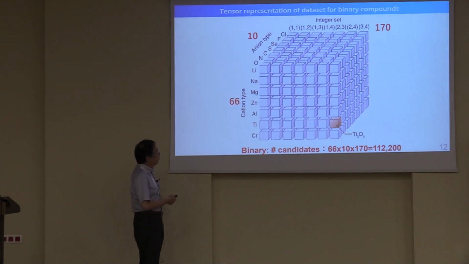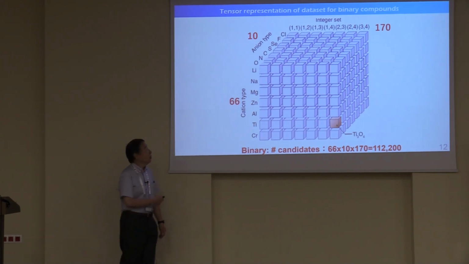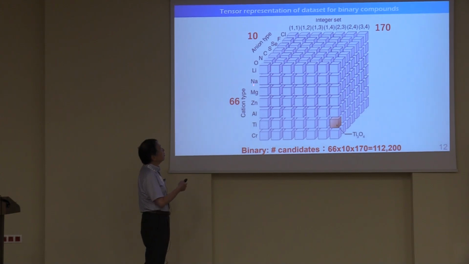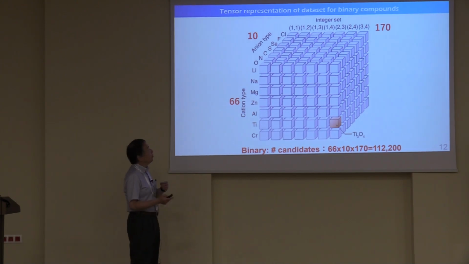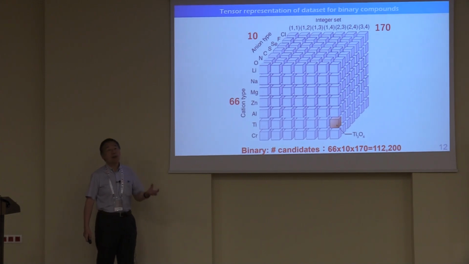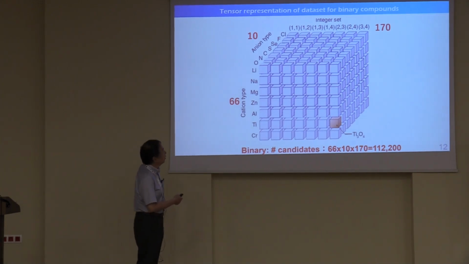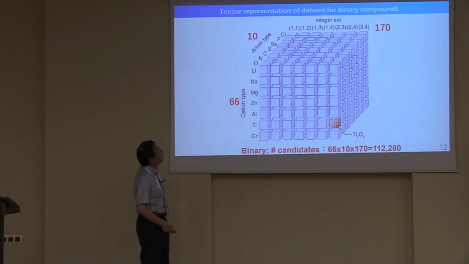Binary materials contain just 110,000 entries, but this is a third order tensor. If you increase the number of elements, it becomes a fourth order, fifth order tensor, which is not easy to show graphically. So allow me to explain with a binary system.